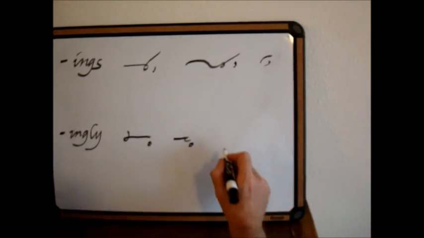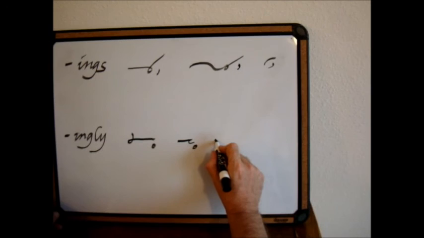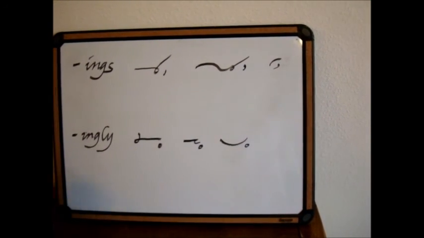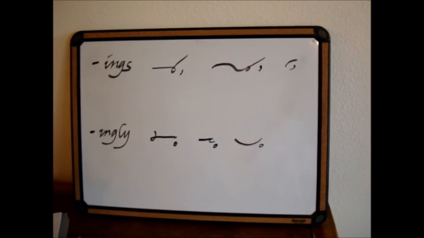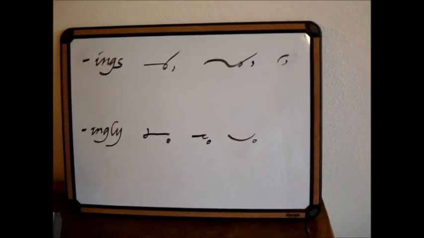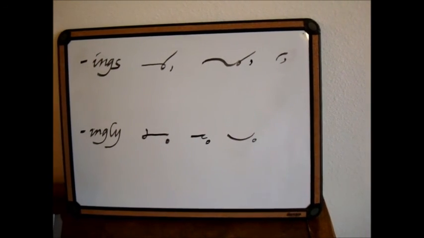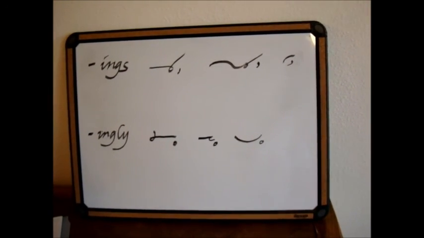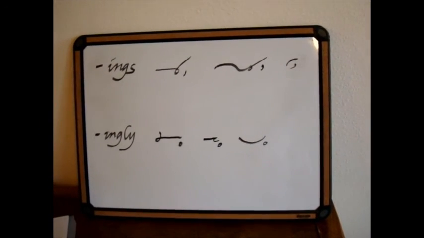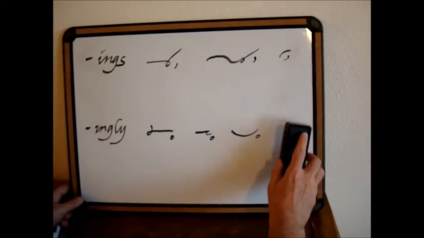How about willingly? One of the abbreviations for will is just the L, so will, ingly. So there's two things that will significantly shorten your ing words, the INGS abbreviation and the INGLY abbreviation. Go ahead and incorporate those into your word list, and then we will get on to the next abbreviation.